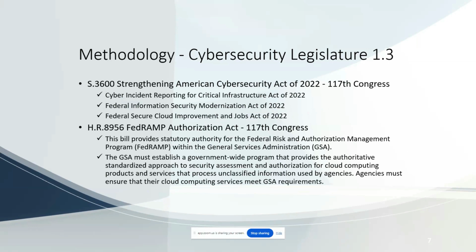It also focuses on improving cyber incident reporting applications and ultimately securing the cloud adoption for the federal government. And the one below is the FedRAMP Authorization Act, which is an important piece of legislation since it provides statutory authority for the Federal Risk and Authorization Management Program, namely FedRAMP, within the General Services Administration.